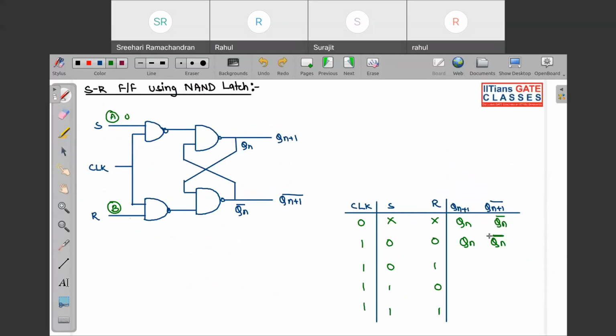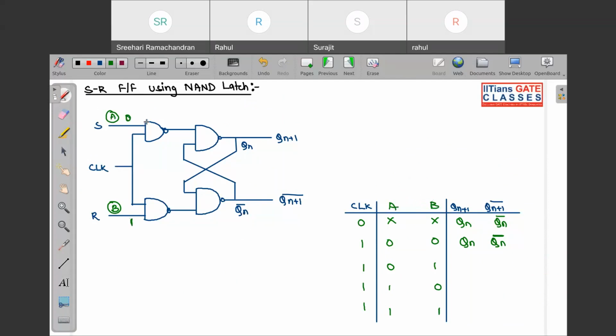Now look very carefully. If the clock is 1, here I should have taken this as A and this as B. So if A is 0, B is 1. What will happen?